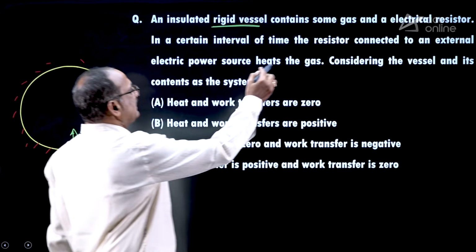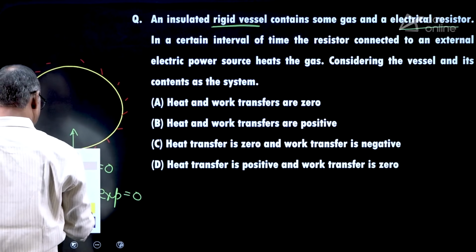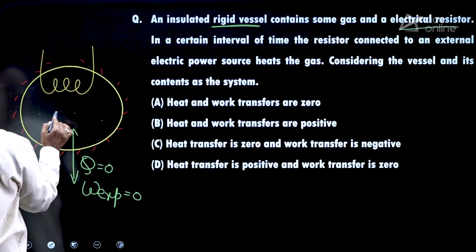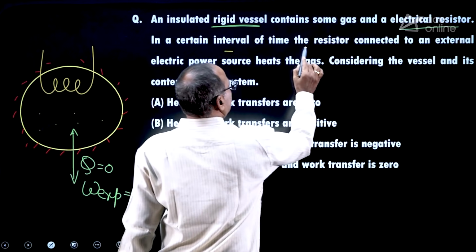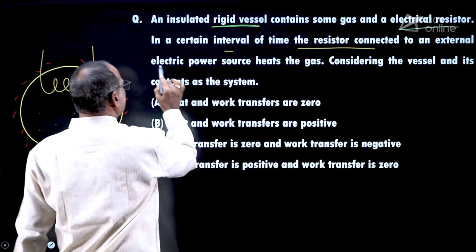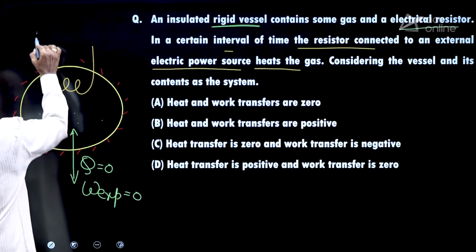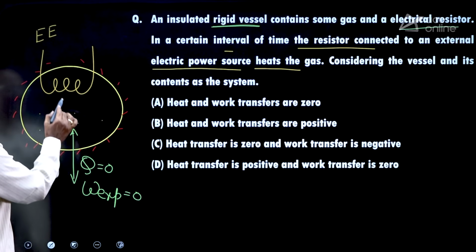But what is given? An electric heater is connected. Let us connect the electrical heater. This is your electrical heater. And some gas is there inside the system. In a certain interval of time, the resistor connected to an external electric power source heats the gas. That means electrical energy is supplied to the heater. Then what is happening?